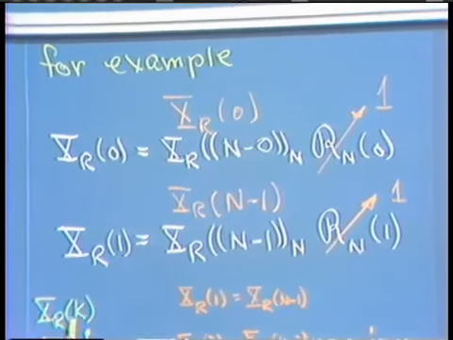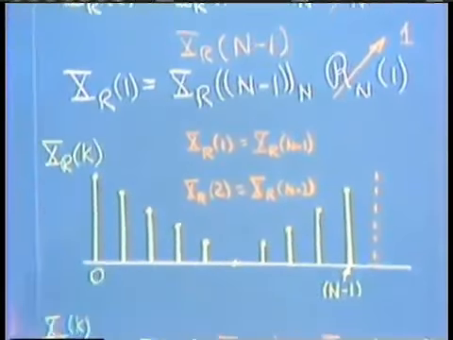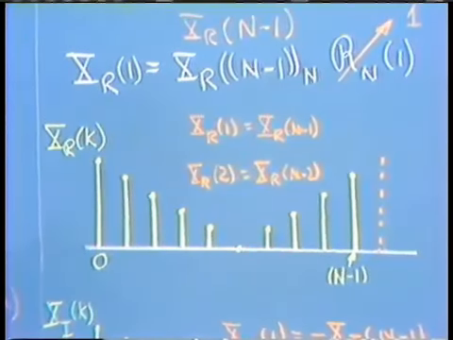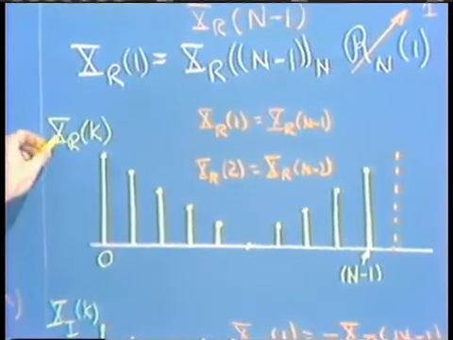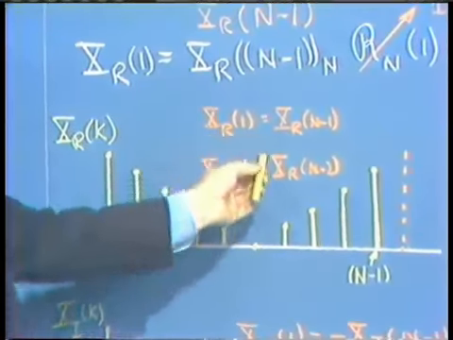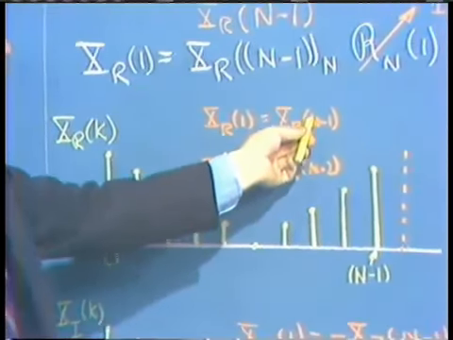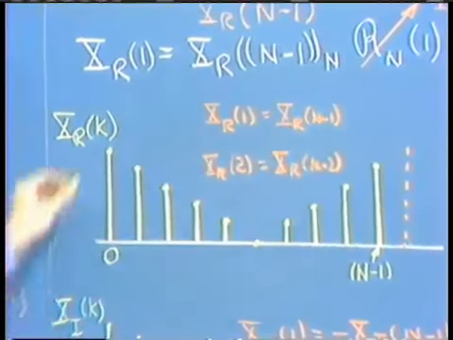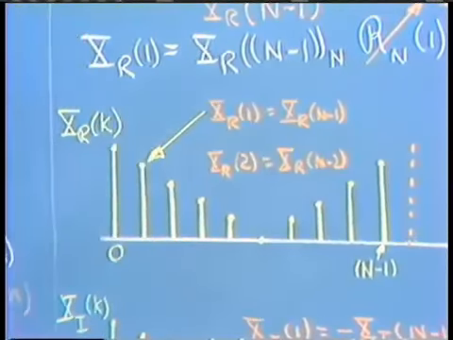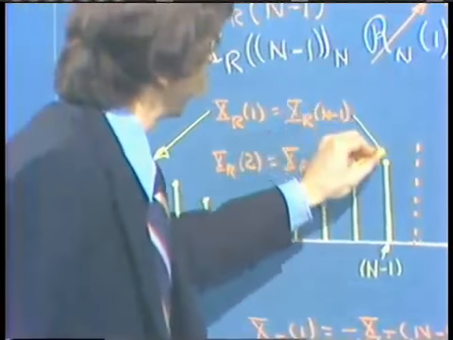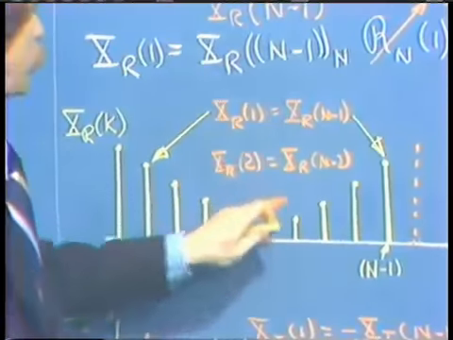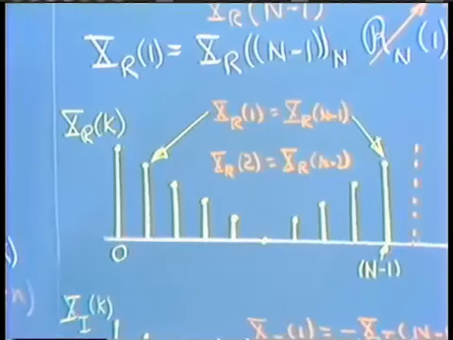So, as an example, here we have what can correspond to a real part. And we have x sub r of k. We have x sub r of 1 equal to x sub r of capital N minus 1. Well, that says that this value is equal to that value. X sub r of 2 equal to x sub r of n minus 2.